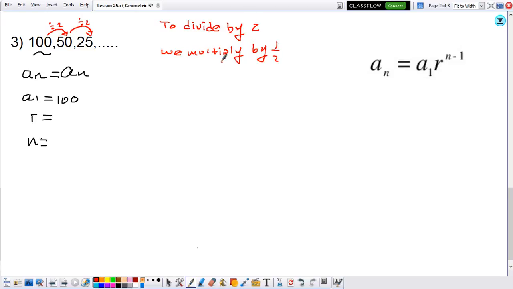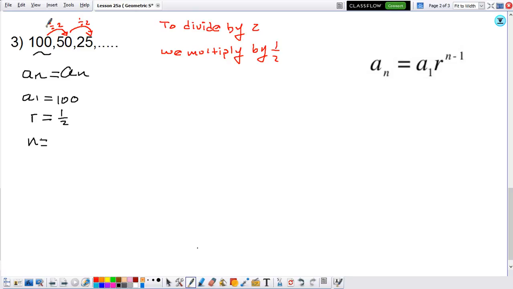If you divide something by 2, that's going to give you the same result as if you would have just multiplied by 1/2. So with that said, R is going to be 1/2 because that's the number that we needed to multiply by in order to get to the next number. We saw that we needed to divide it by 2, but we cannot put division in R. So we're going to leave that as multiplication of 1/2.